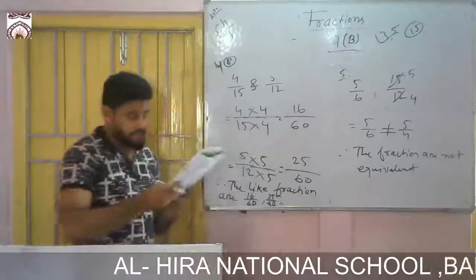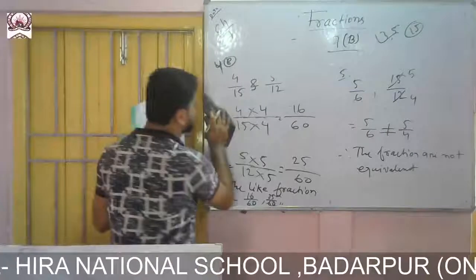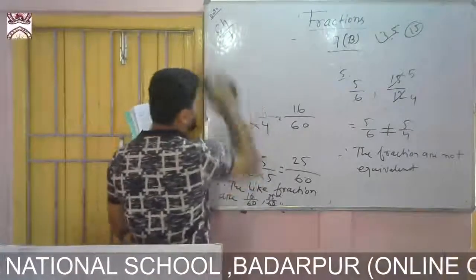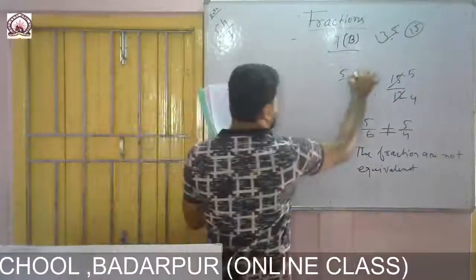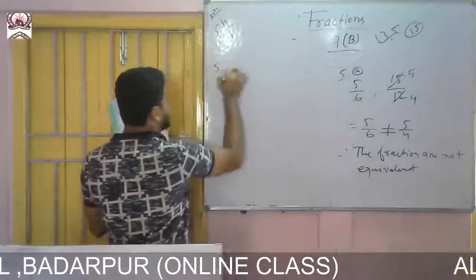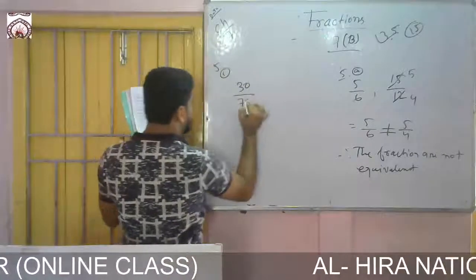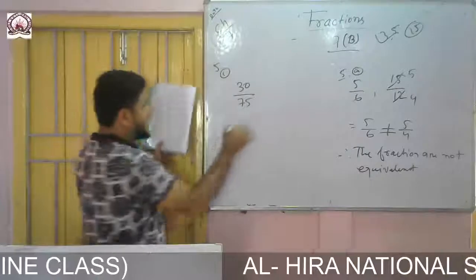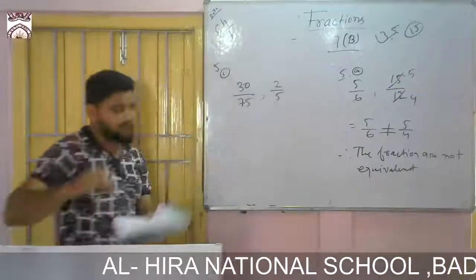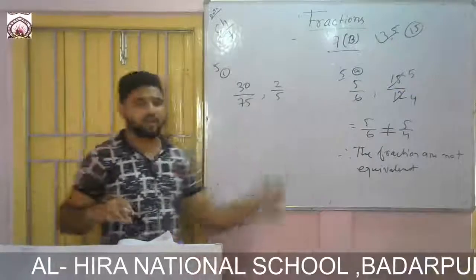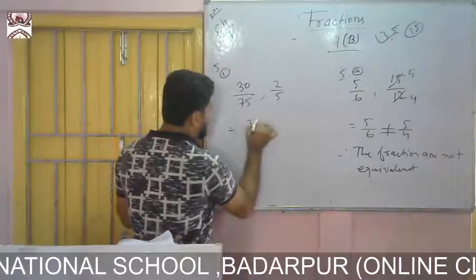Question number, okay, you see question number C. This one, 5A, 5C, what is there, 30 by 75, and 2 by 5. So you check with the smaller fraction. Now you cancel this one, 30 by 75.